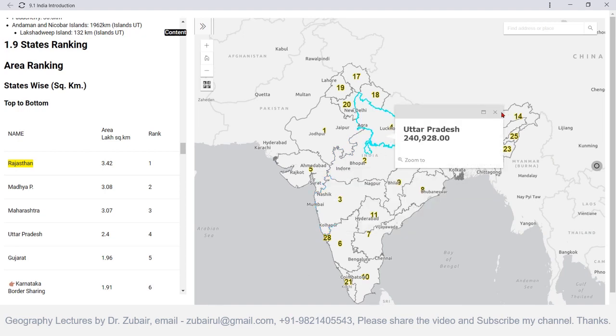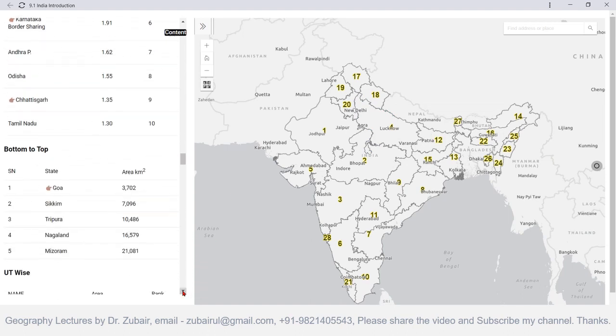So this is top to bottom. From bottom to top, the smallest state in India is Goa, 3,702 square kilometers. If you compare Goa with Rajasthan, Rajasthan is equal to 100 Goas. So this is the smallest state.